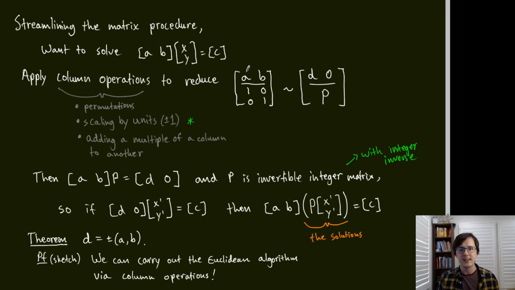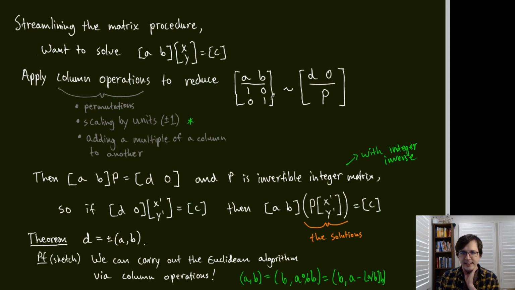So the first step, of course, is permuting the columns. Just to write that out, the Euclidean algorithm is that the GCD of A and B is the GCD of B and A mod B. And also remember that A mod B is A minus the floor division of A by B times B.